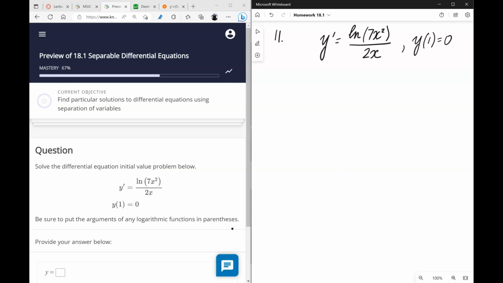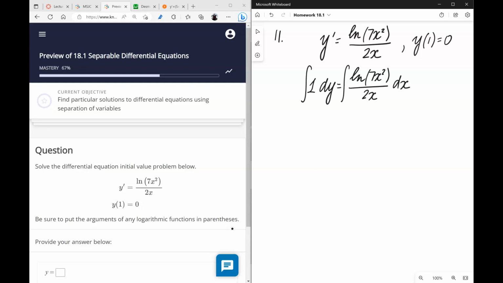This problem actually is not separable because there's no y variable, but it just makes it even easier, right? So we only have 1 dy on the left, and on the right side we have ln of 7x squared over 2x dx, and we integrate it.